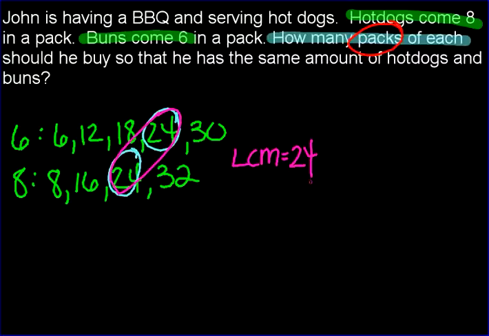That doesn't mean that we should buy 24 packs, but that's how many hot dogs and buns we need. So how do we use that to find out how many packs we need? We're looking for a total of 24 hot dogs and 24 buns. In order to get from 6 buns to 24, I need to multiply 1, 2, 3, 4 times. So I need 4 packs of buns.